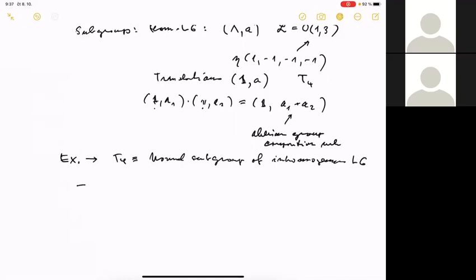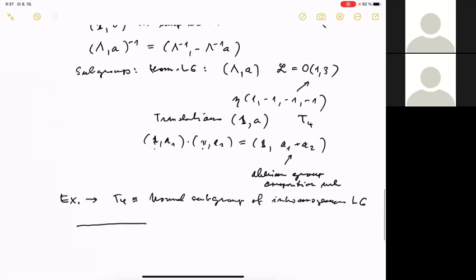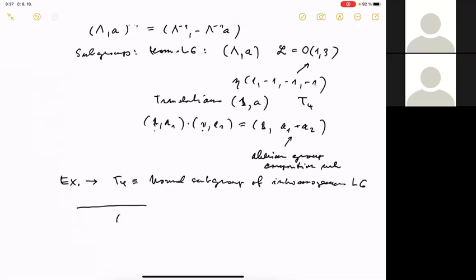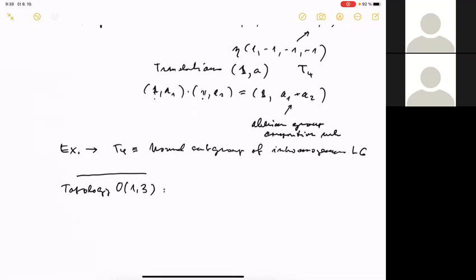So, how can we say something about the topological structure of the homogeneous Lorentz group, that means of O(1,3)? Our definition of matrices lambda was eta times lambda transpose times eta is eta, or we can rewrite this as lambda transpose times eta times lambda, if we multiply it by lambda from the right.